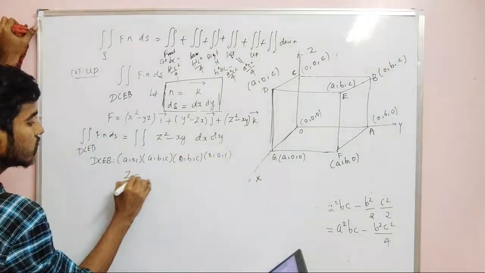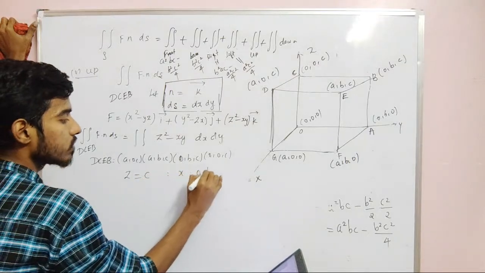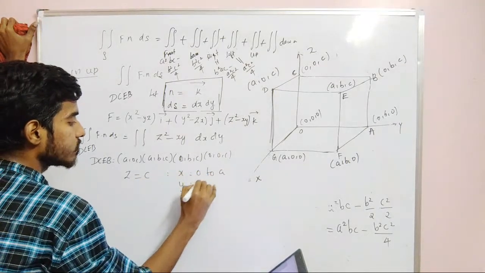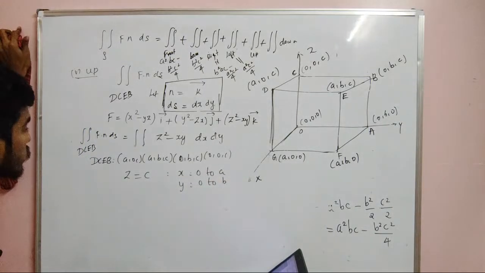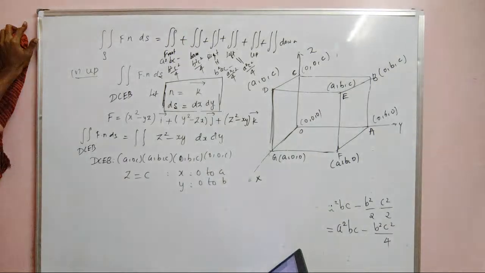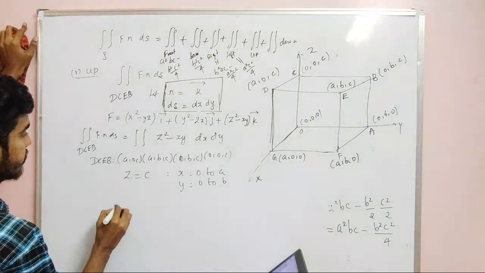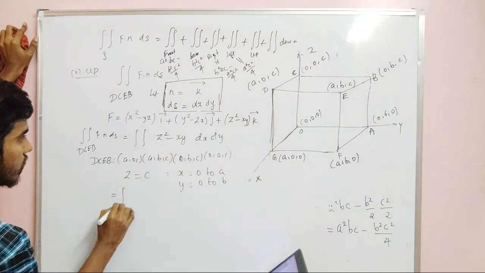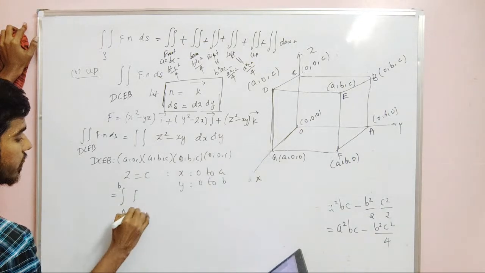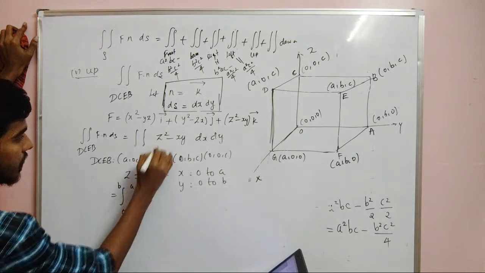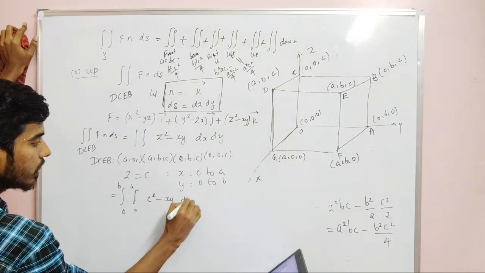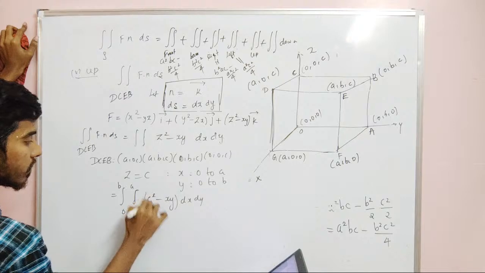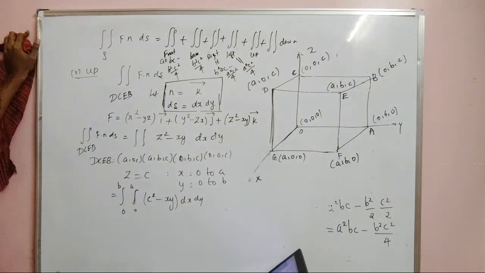You can see z is equal to c, and x varies from 0 to a, y varies from 0 to b. Therefore, this value will be integral 0 to b, integral 0 to a, of z square minus xy, this is c square minus xy, dx dy.